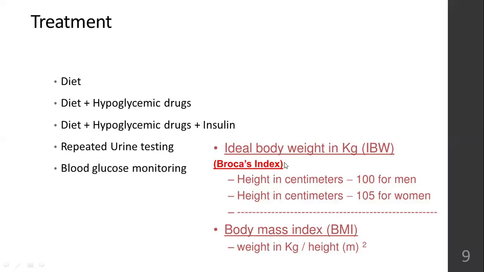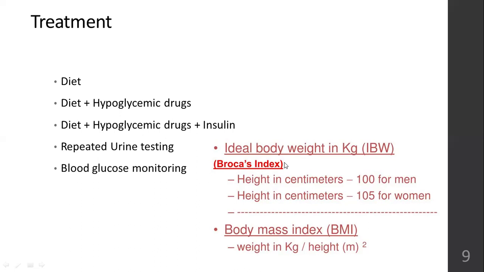So diet, a lot of food exchange lists are available. Diet and insulin, we will discuss that as well. But before that, there is an ideal body weight that a person should maintain, easier than the BMI. We call it the Broca index.